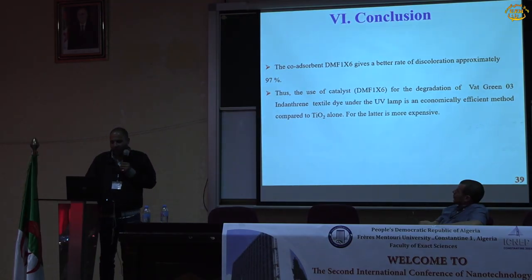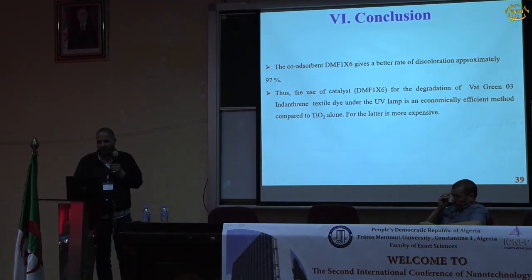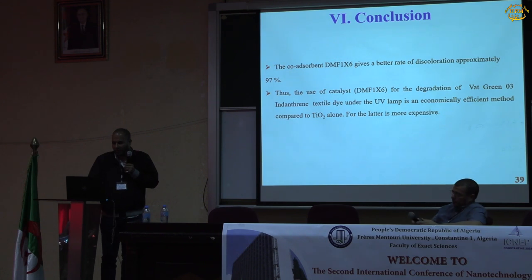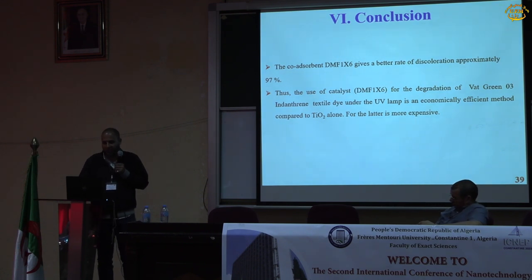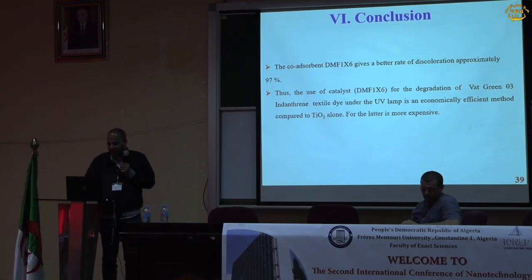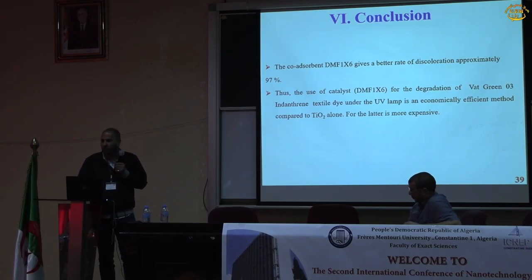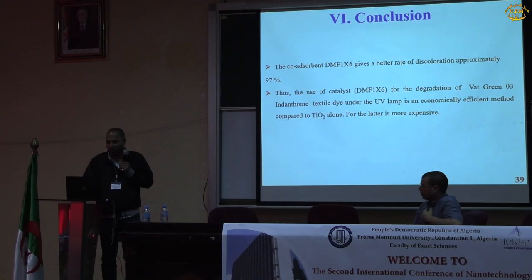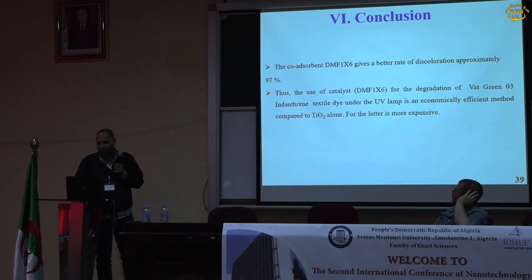Conclusion: the adsorbent diatomite modified parfaitite with calcination gives a better rate of discoloration, approximately 97%. Thus, the use of this catalyst for the degradation of textile dye under the UV lamp is an economically efficient method compared to commercial titanium dioxide, for the latter is more expensive.